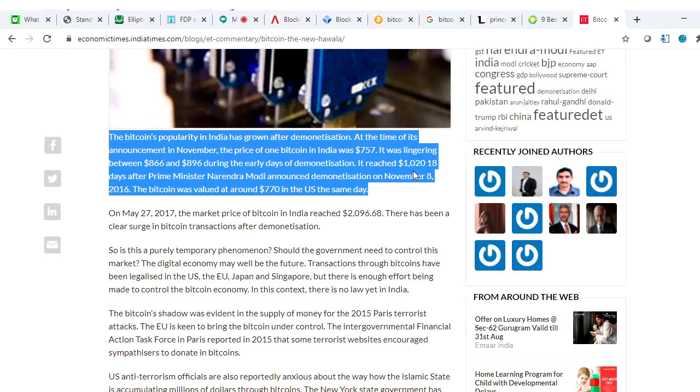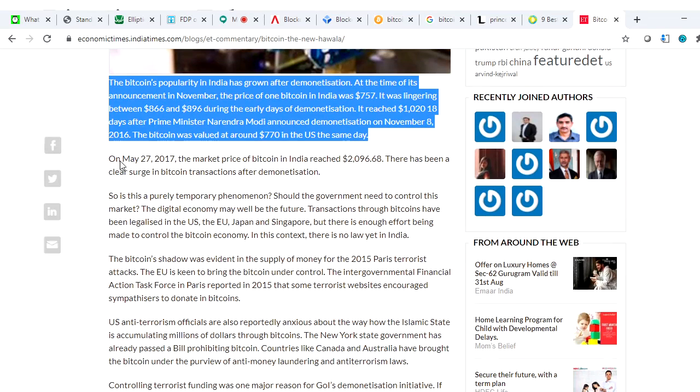It reached 1020 within 18 days after Prime Minister Narendra Modi announced demonetization on November 8. That means by 24th November, it reached $1,020. One Bitcoin is equal to $1,020. The Bitcoin was valued around 770 in the US on the same day. See, this is a quite interesting finding given by this particular article.